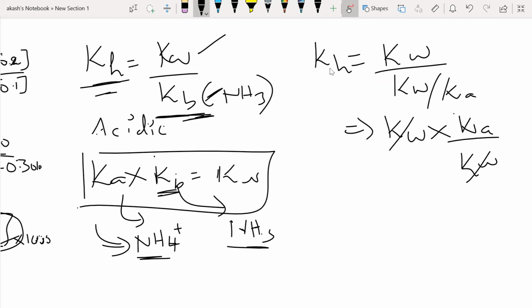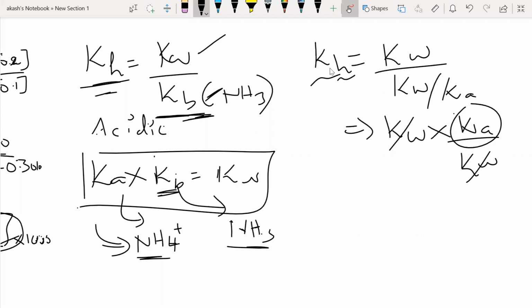So Kw gets cancelled. Whatever is the hydrolysis constant, that is the value of the Ka. As simple as that. There is actually no calculation required. So you understand, right?